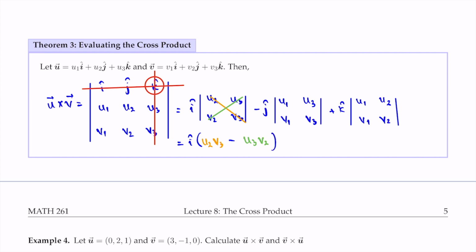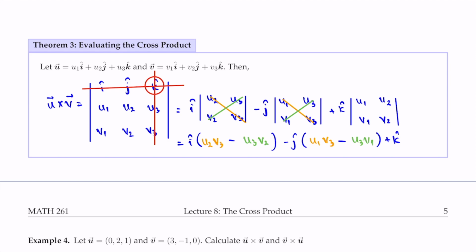Similarly, for the second term, you have negative j. You're going to do the same. That is, the 2 by 2 determinant is equal to the product of the main diagonal, subtract the product of the off diagonal. So you have u1 v3 minus u3 v1, plus k hat.